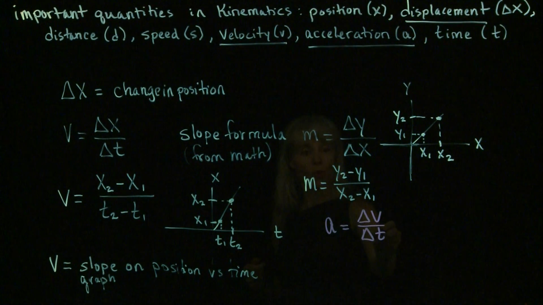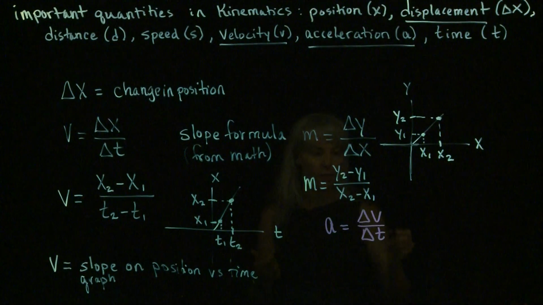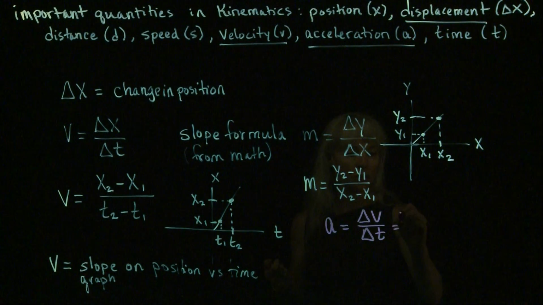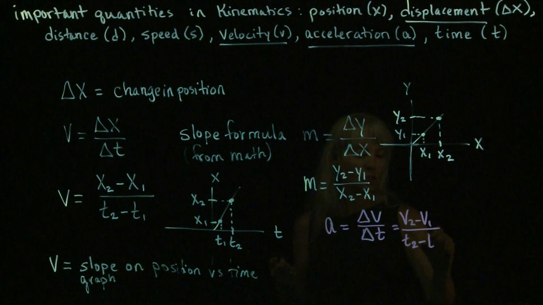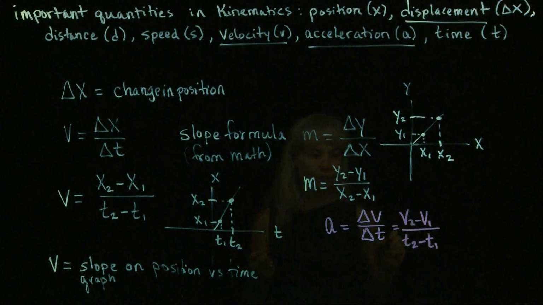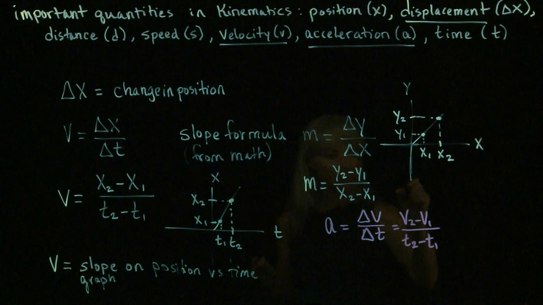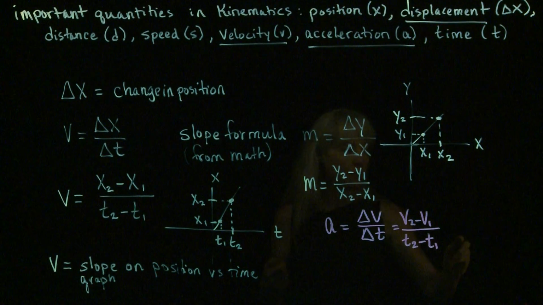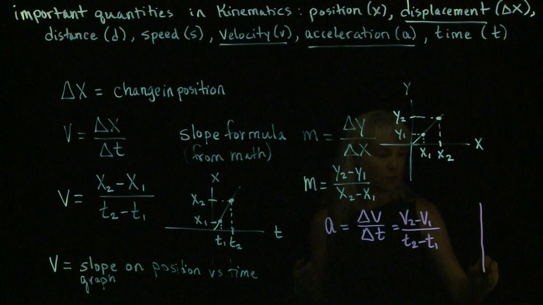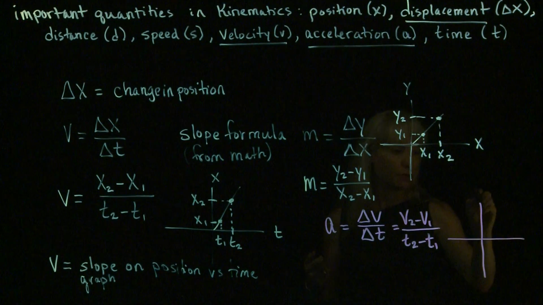This is the time that corresponds to the velocity's change. So in other words, this is some v2 minus v1 divided by t2 minus t1. So again, this is the rise over the run on the velocity versus time graph. So let's go ahead and draw the velocity versus time graph.